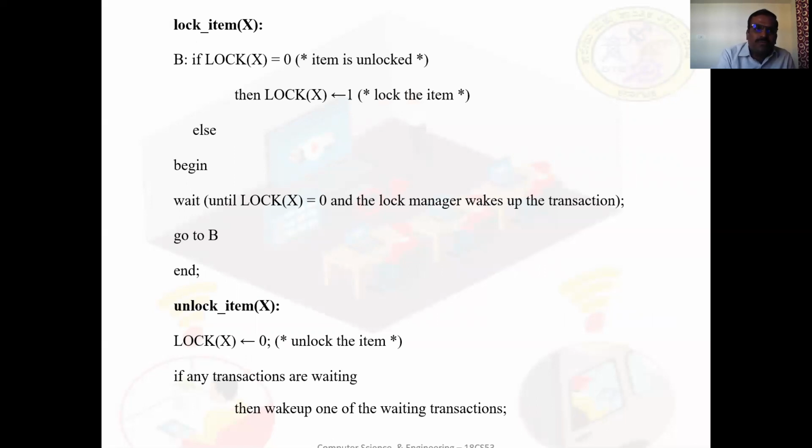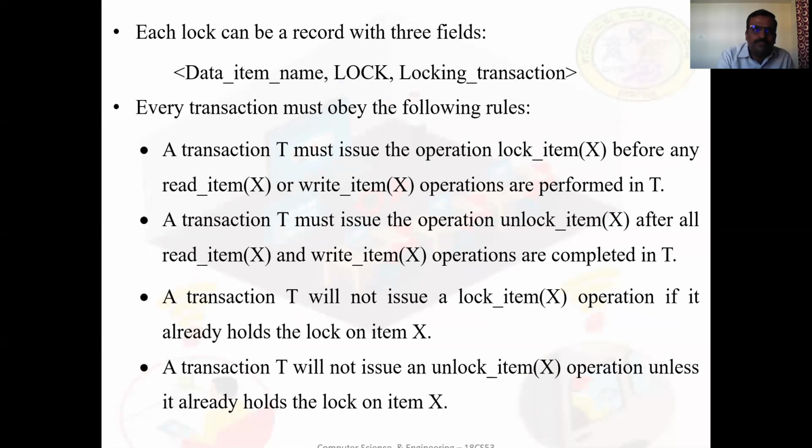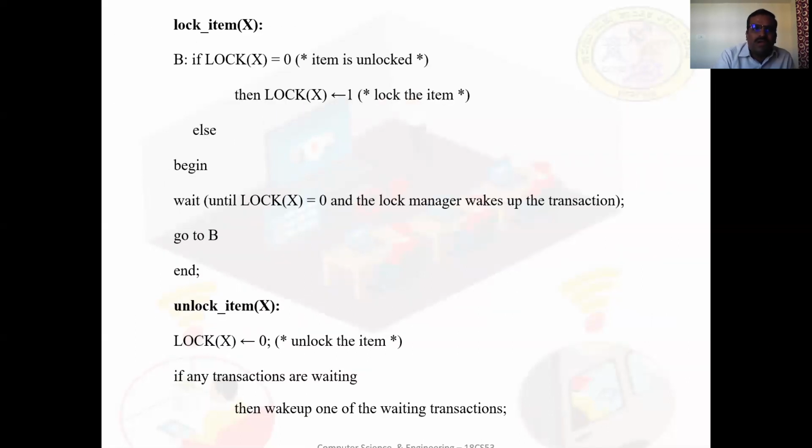Lock_item of X. At label B, if lock of X is equal to 0, which means the item is unlocked, then lock of X is set to 1, locking the item.